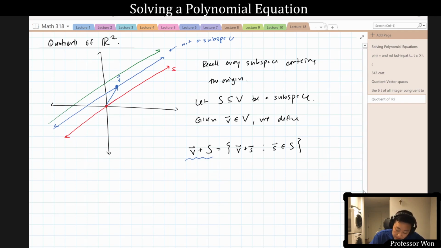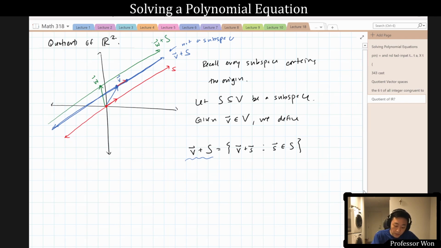Also, this vector here lives in S, so if I add it to this vector, I get this point. And hopefully it's clear that if you add every vector in S to this vector v, you get this entire blue line. This thing is v plus S. That's in blue. Then if I take another vector, one that goes here, call it w, this set is w plus S.